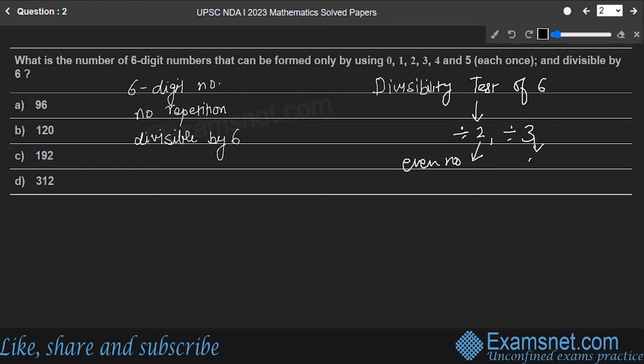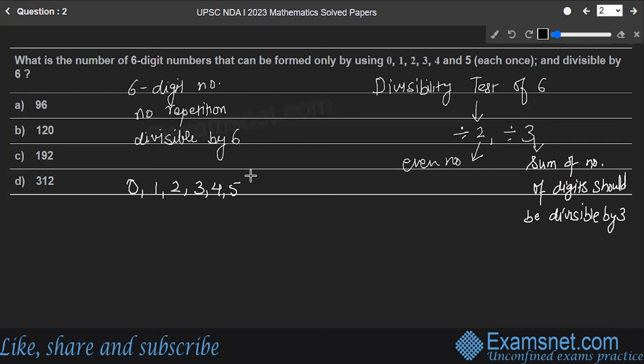And for 3, the sum of the digits should be divisible by 3. Right? Now, the given digits are 0, 1, 2, 3, 4, and 5.